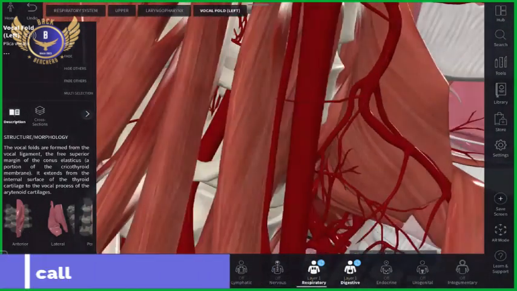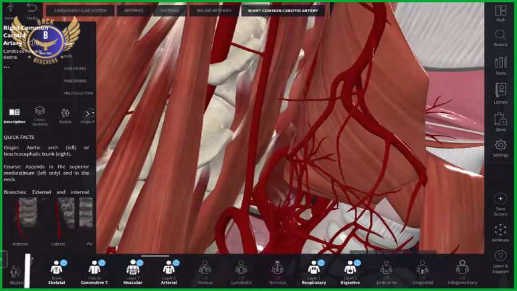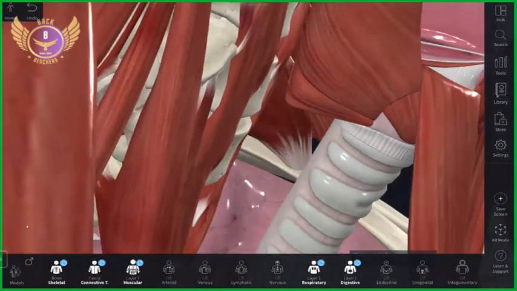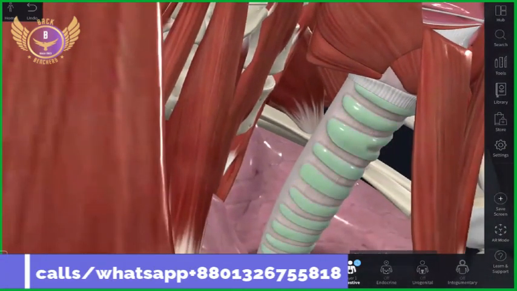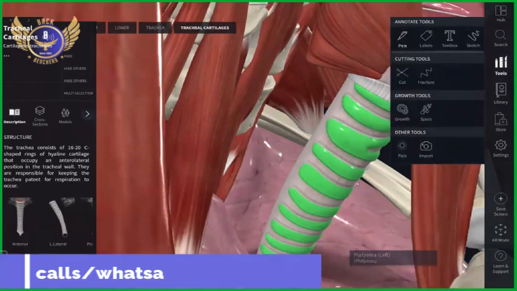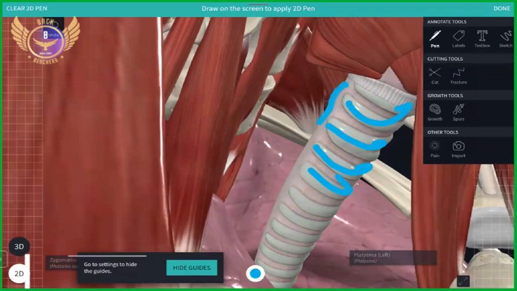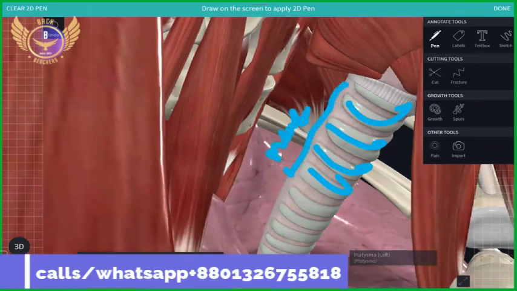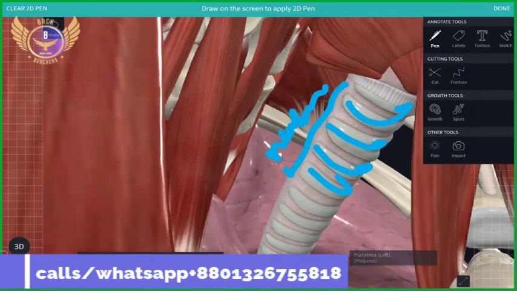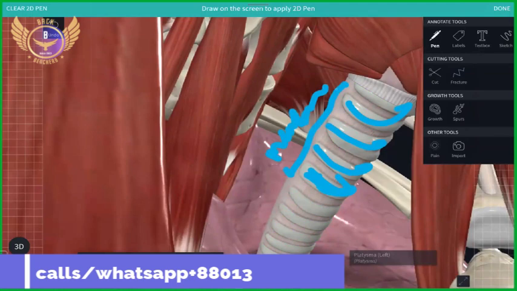You will be facing questions on esophageal tumor and how. Let me show you. See, look at this place. This is our trachea, and these cartilages are C-shaped. That means behind we only have membrane, and in front we have cartilage. So this is soft.